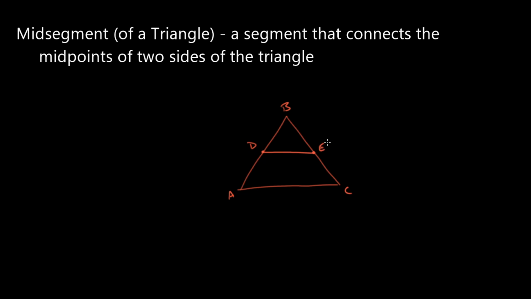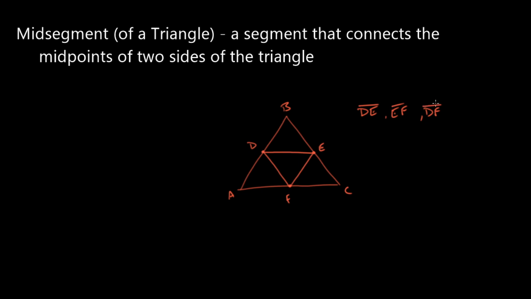It's important to note that every triangle will have three midsegments, because I have three different ways that I can connect the midpoints. In this case, DE and EF and DF are all midsegments of my triangle.